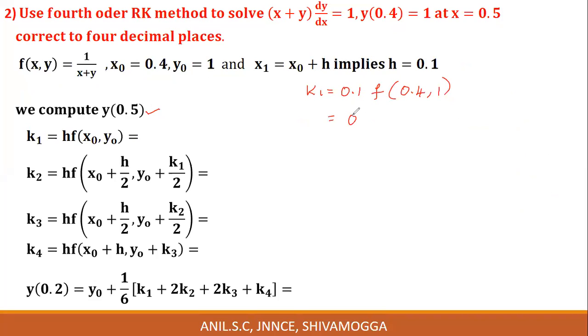This is equal to 0.1 into f of 0.4 comma 1. Now f of x comma y is defined as 1 divided by x plus y. x is 0.4 plus y is 1. Simplify this.